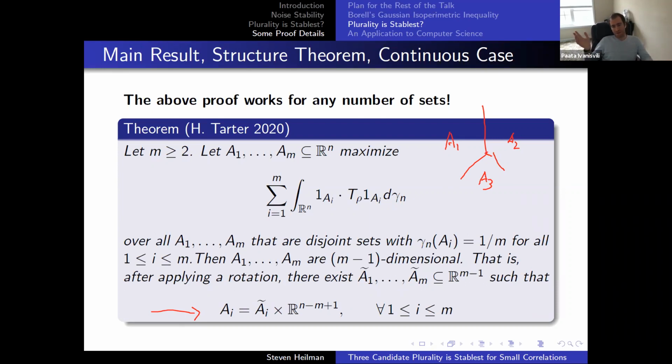I think the first proof was a little bit difficult, and this simplified version is due to Mossel and Neeman, I guess. So for the plurality stablest conjecture, it's for two sets, but for many sets, how would you state that question?